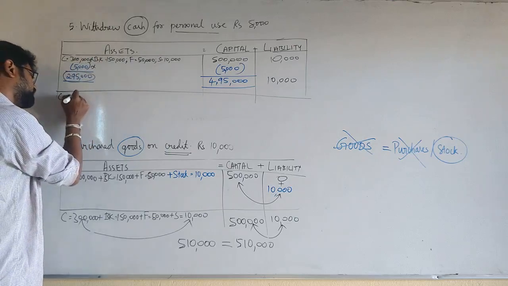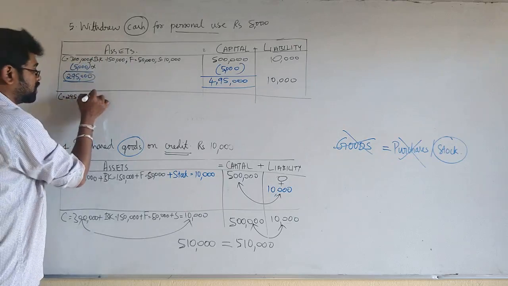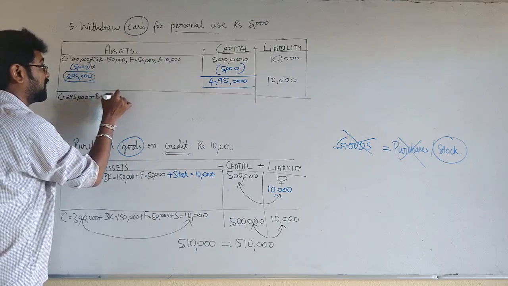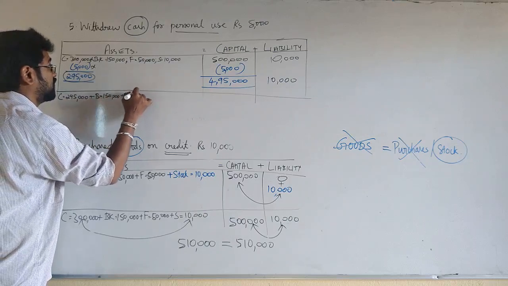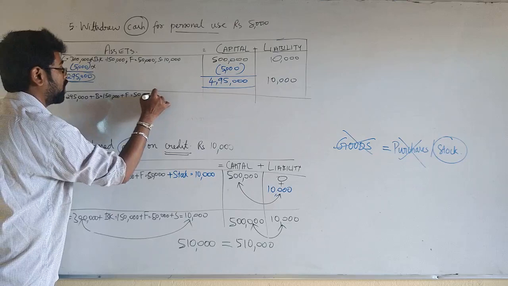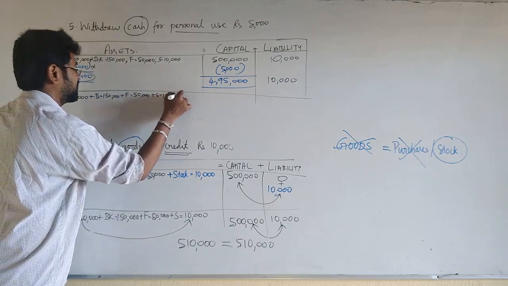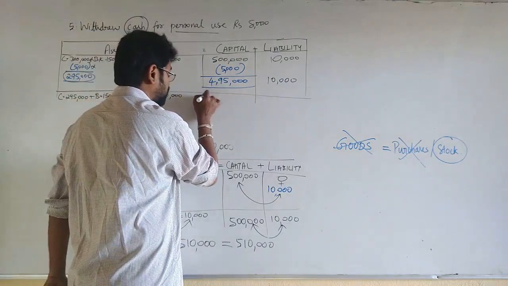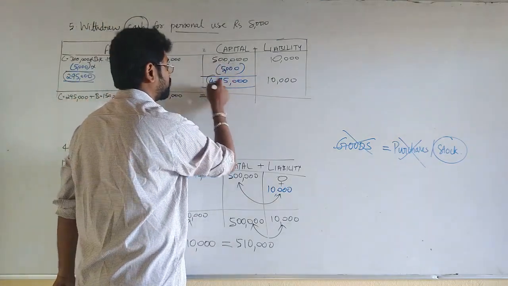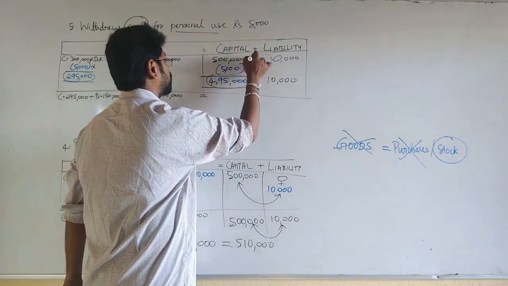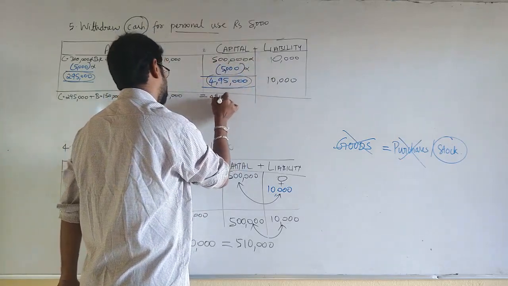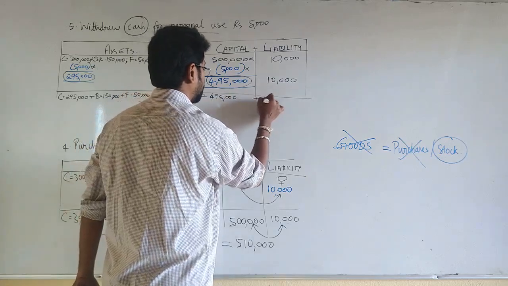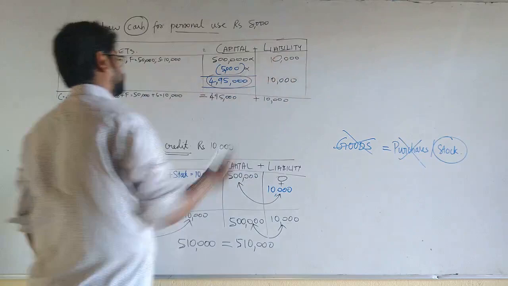Cash is 2,95,000, plus bank is 1,50,000, plus furniture is 50,000, stock is 10,000. Is equal to the new balance of capital, 4,95,000, plus 10,000, which is the old balance of liability.